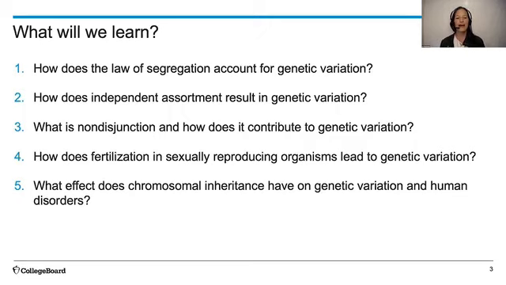Number 4, how does fertilization in sexually reproducing organisms lead to genetic variation? And finally, what effect does chromosomal inheritance have on genetic variation and human disorders? The theme, as you can see, is chromosomes and genetic variation. So let's get to it.